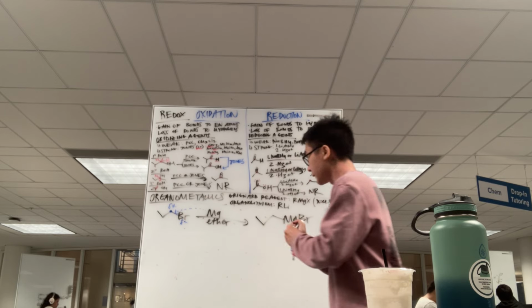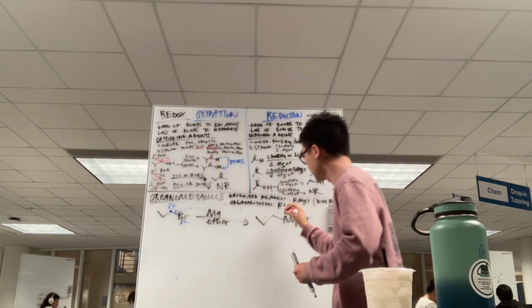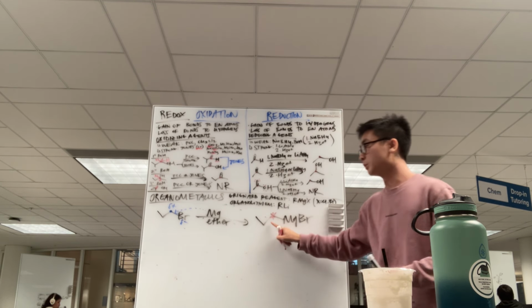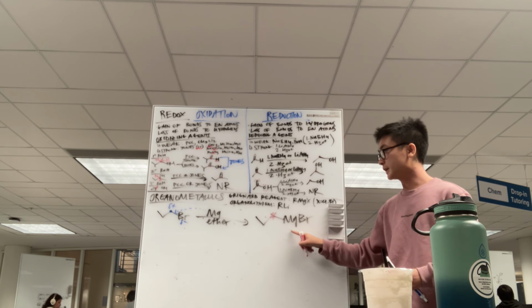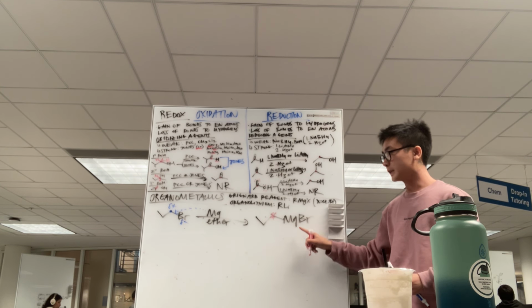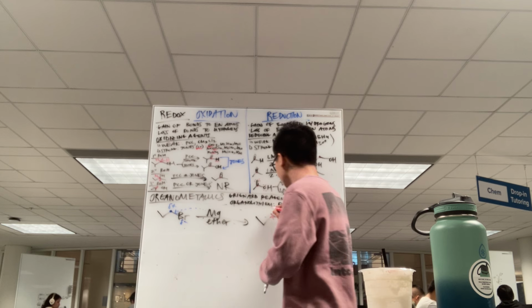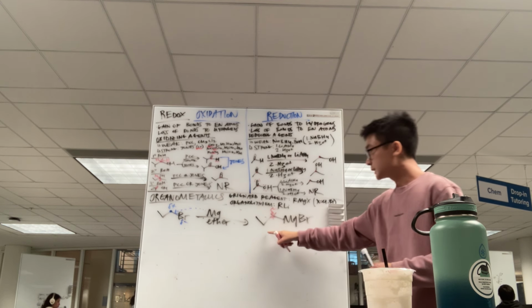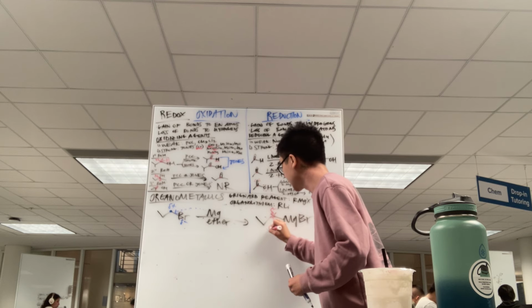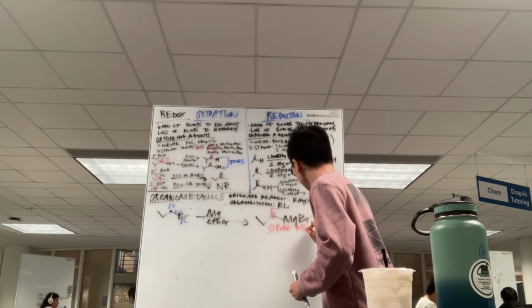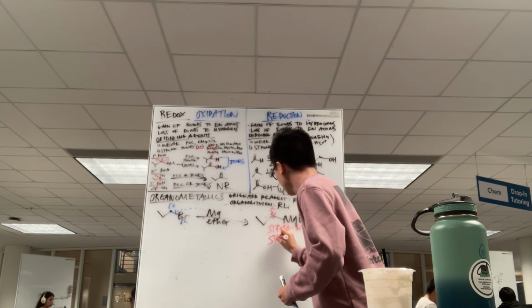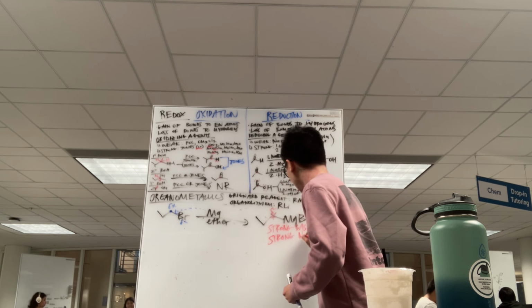Which would be like this, where now this carbon here, think of it as being more electronegative than this magnesium. And if it's more electronegative than the magnesium, it's going to withdraw electrons from the magnesium, making the carbon negatively charged. And this Grignard reagent right here, I want you to think of it as a strong base, strong nucleophile.